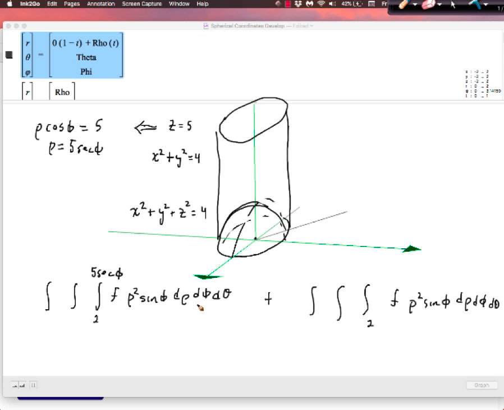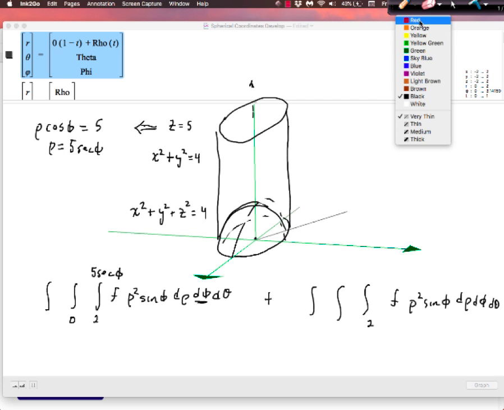So for what angles of phi do we exit out 5 secant phi? What's our lower value of phi? 0, because the first one is going to be coming right like this. Until what value of phi?